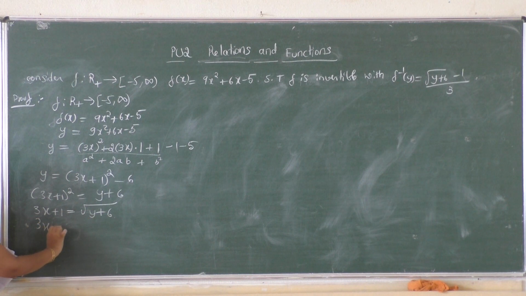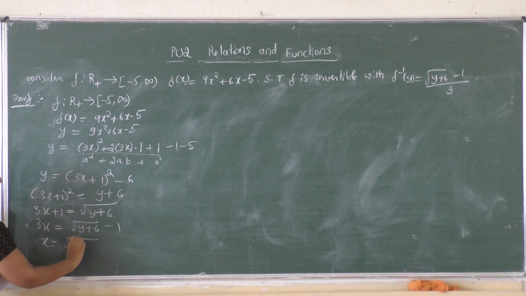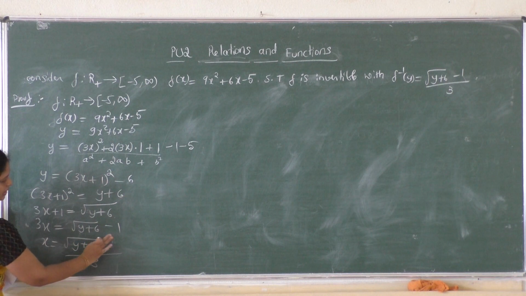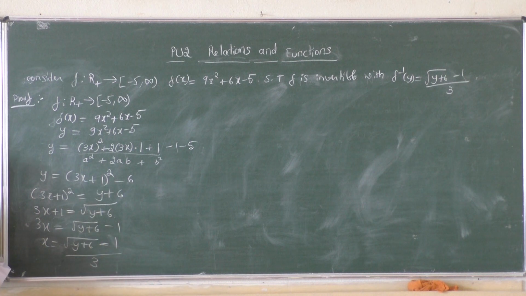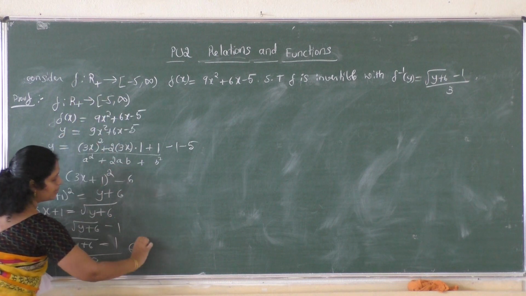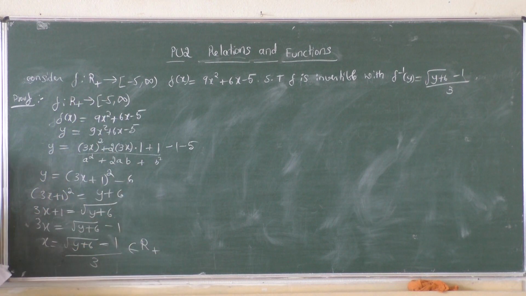Or we can write 3x is root y plus 6 minus 1, or x equal to (root y plus 6 minus 1) whole divided by 3. That means this element belongs to R plus, the non-negative real number set.